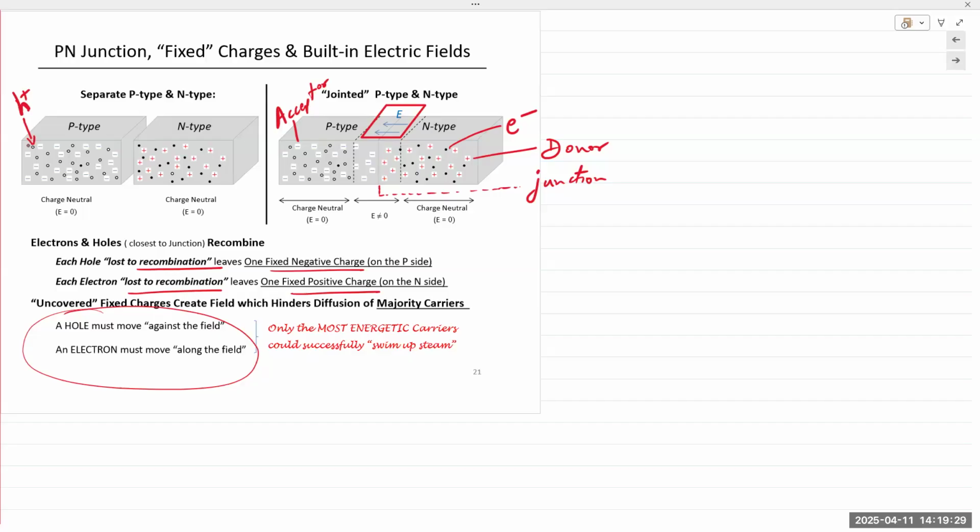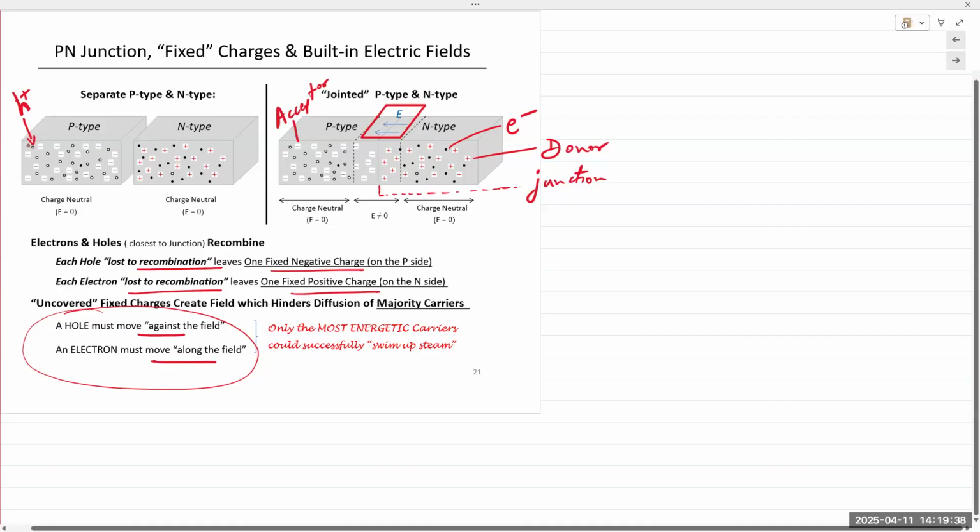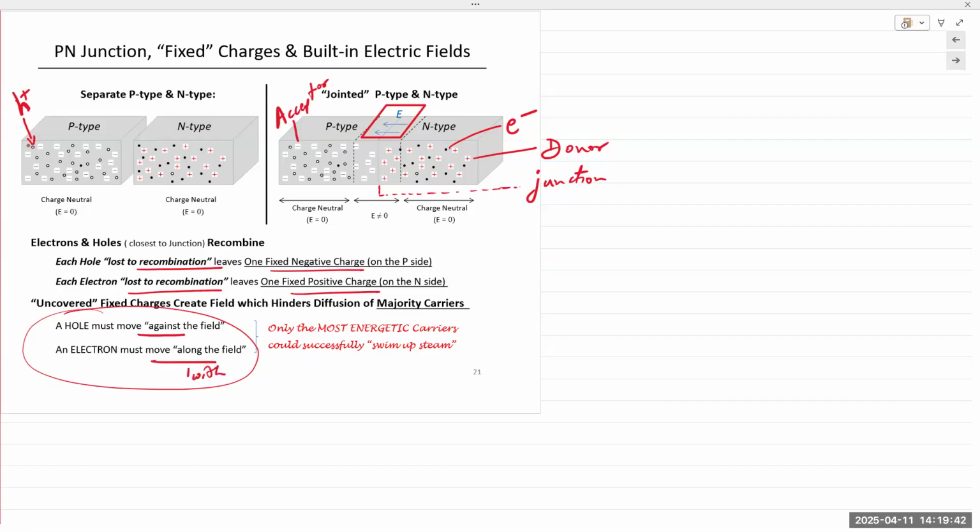So the holes are forced to go against the field, and electrons are forced to move with the field. If it was reversed, if the electric field had the opposite polarity, then the holes and electrons would keep moving. But in that case, the electric field would never exist in the first place.